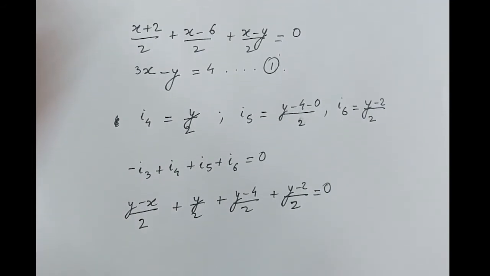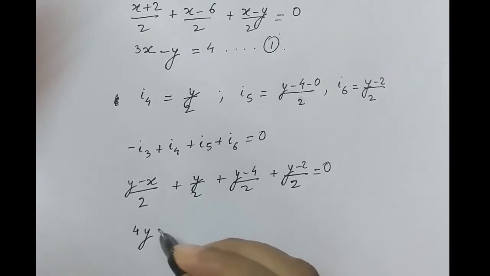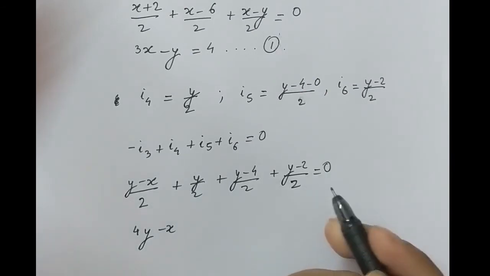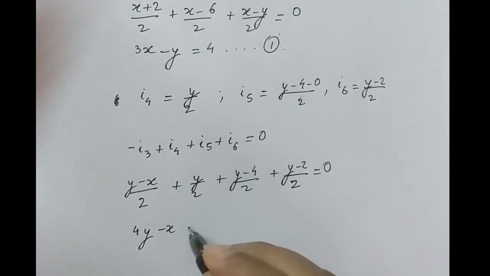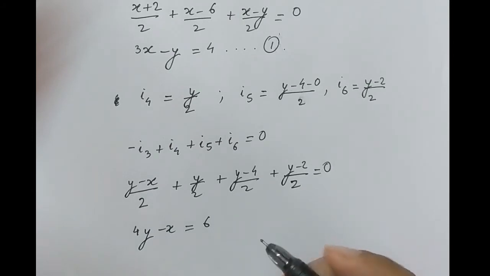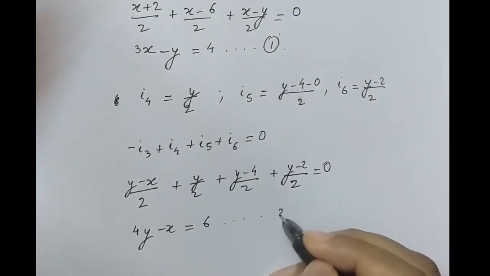Now again we proceed accordingly. We make this 4y minus x. Once again the 2's cancel out. You have minus 4 minus 2. So this side you would be having 4y minus x should be equal to 6. This is your second equation.